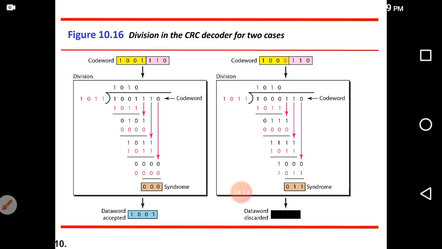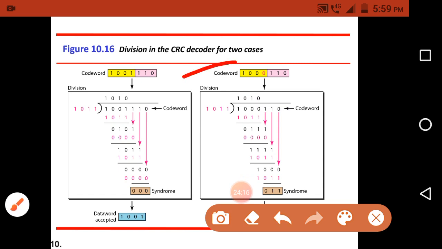But there is another possibility: whenever any single error happens in the code word at the time of transmission, then the syndrome value will be non-zero. You see here, one bit has been modified, that is the last bit. Here it was 1, here it will be 0, here it is 1, here it has been 0.